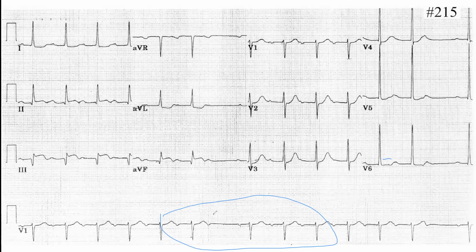In the section you circled, yes, we do have P waves. So P is coming regularly, but we have P with no QRS that follows. So it's an AV block. Okay, which type?